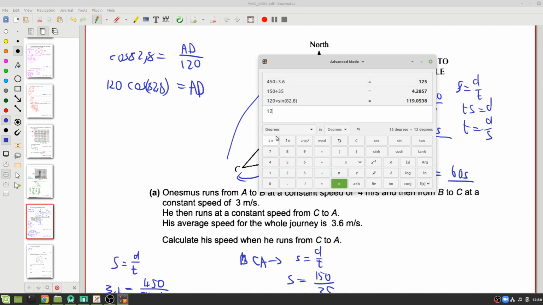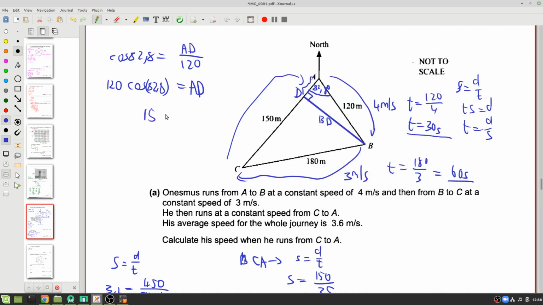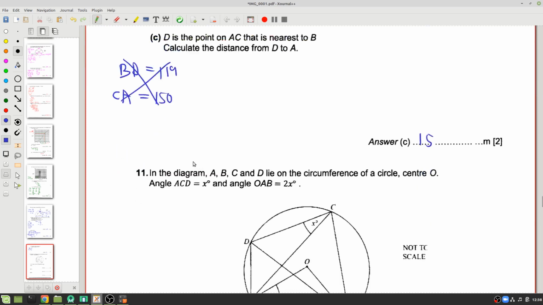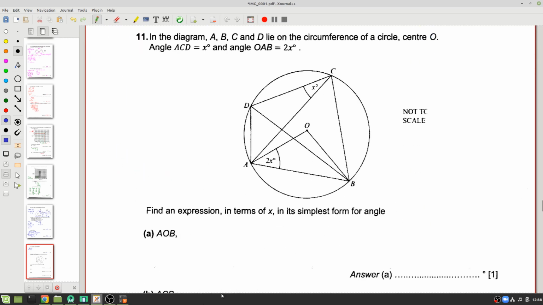So 120 times the cosine of 82.8, and that gives us 15, right, 15.0 if we round off to three significant figures. So 15.0. That's AD. And that's all we want. So 15.0 meters. We can ignore this part. That wasn't needed to calculate. Okay, so that's it for question 10, and then we'll be back with question 11 shortly.